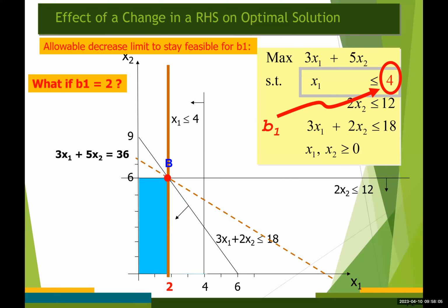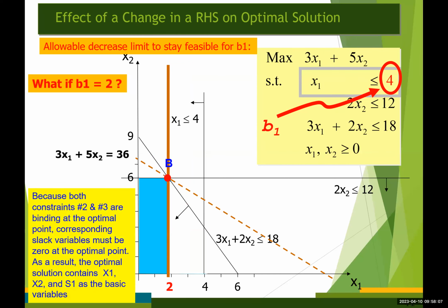If the value of B1 is decreased to 2, our current optimal solution still remains feasible. However, this is the minimum value that B1 could take, right?